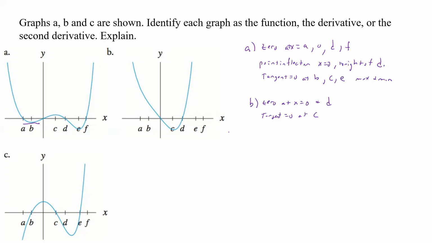So let's go to C. And so here we have a 0 at x equals B, and C and E. We have tangent equals 0 at, oh wait, tangent 0, not B, that's at 0.